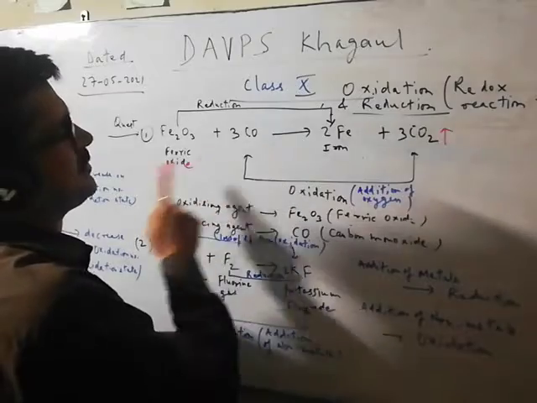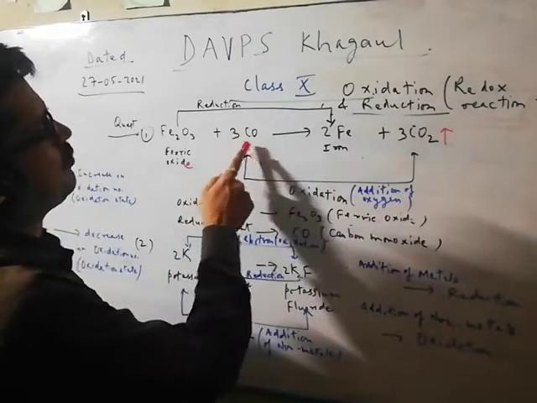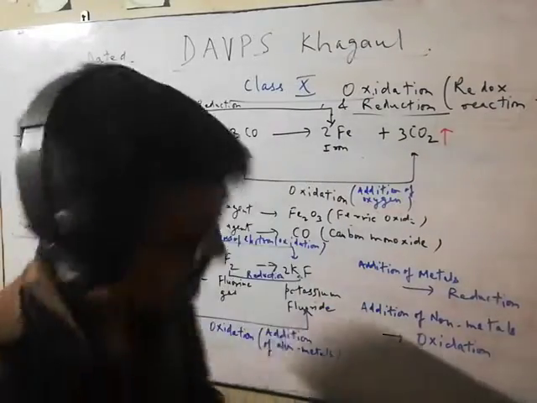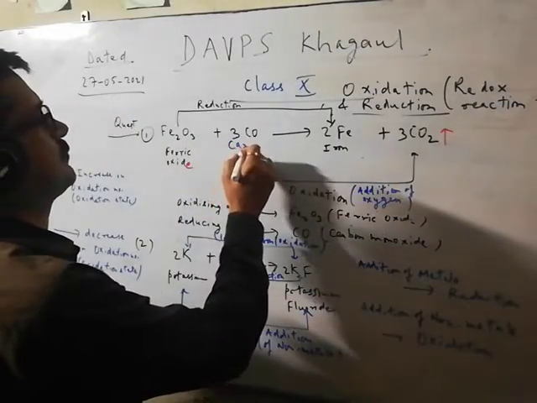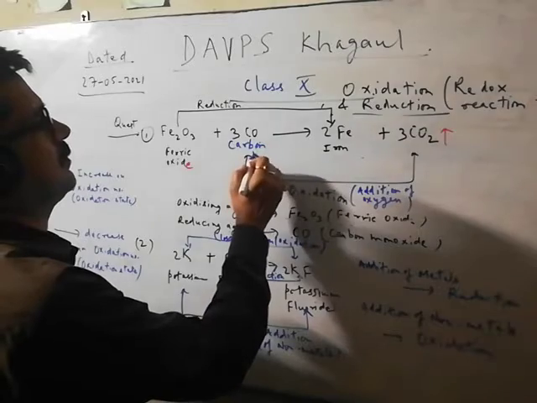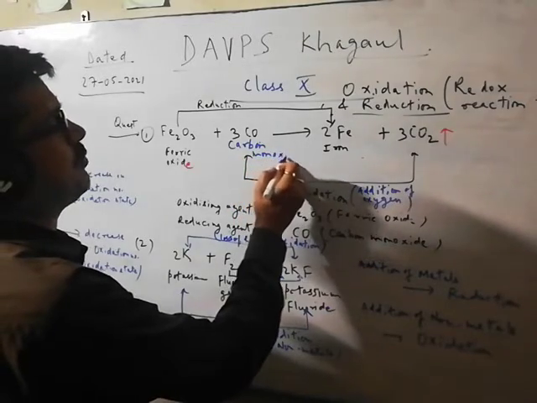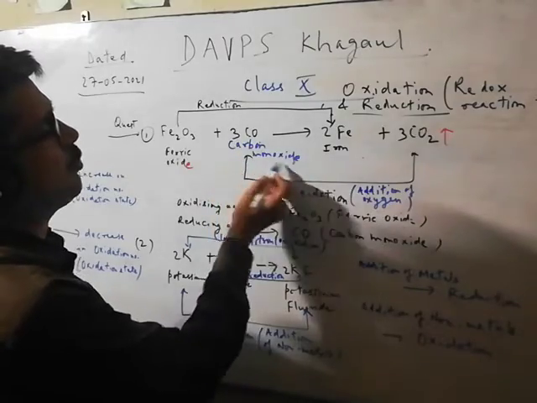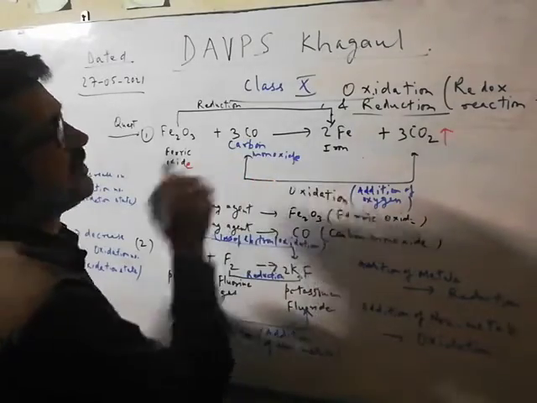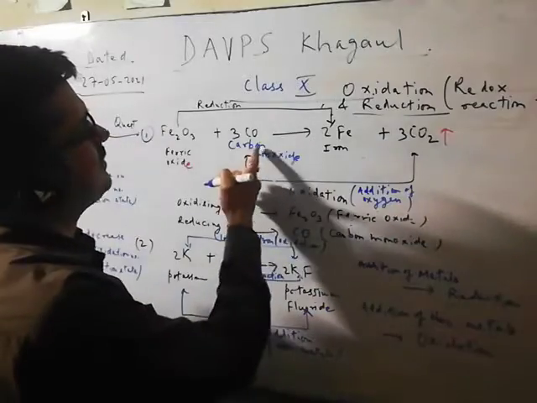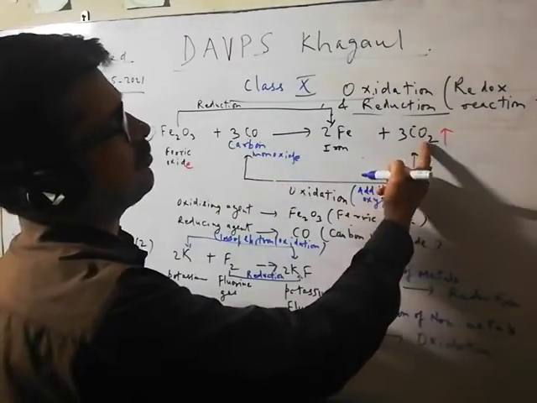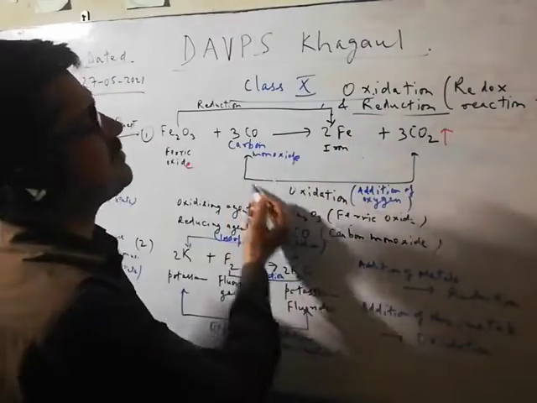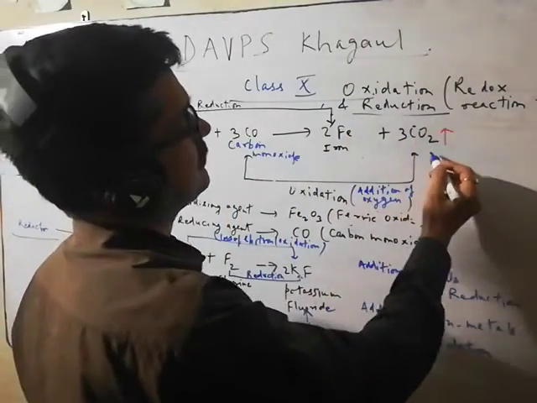So here we see carbon monoxide. Why are we calling it monoxide? Because one oxygen is there, mono. That is carbon monoxide. There is addition of oxygen, one oxygen is added here, so it becomes carbon dioxide.